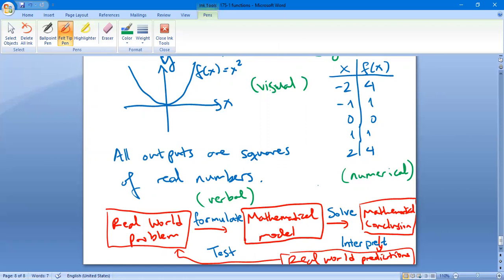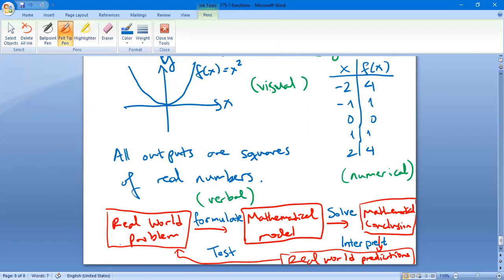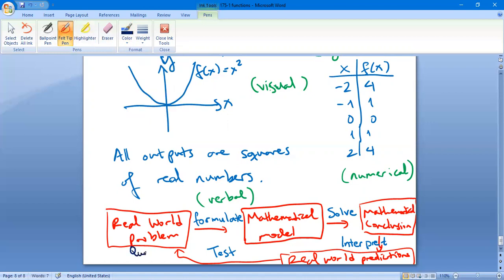So in real life, guys, we take a real world problem and formulate it into a mathematical model. In the real world, we have quantities.